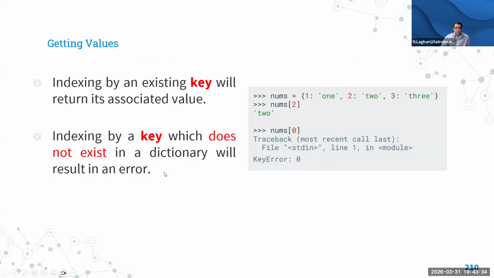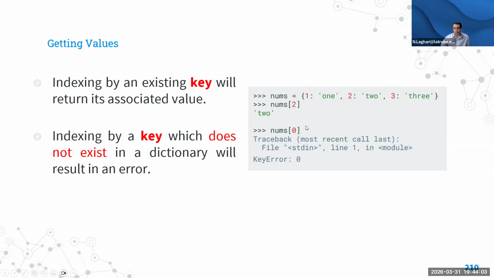Okay. So indexing by an existing key will result in the associated value. Here we have an example, num equals 1:1, 2:2, and 3:3. So we say num[2], and num[0] is going to give us an error because it does not exist.